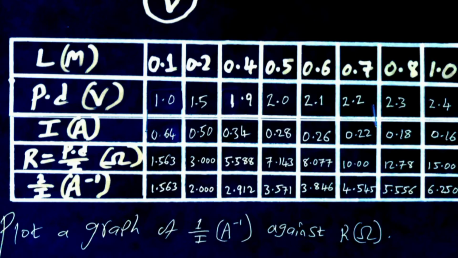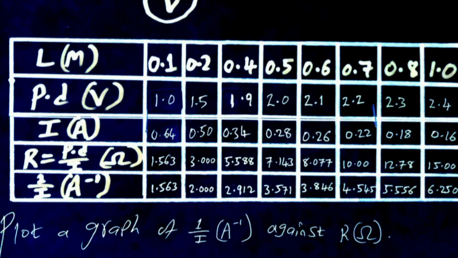Then 1 divided by 0.18 is 5.5 recurring, so 5.556. Then 1 divided by 0.16 is 6.250.